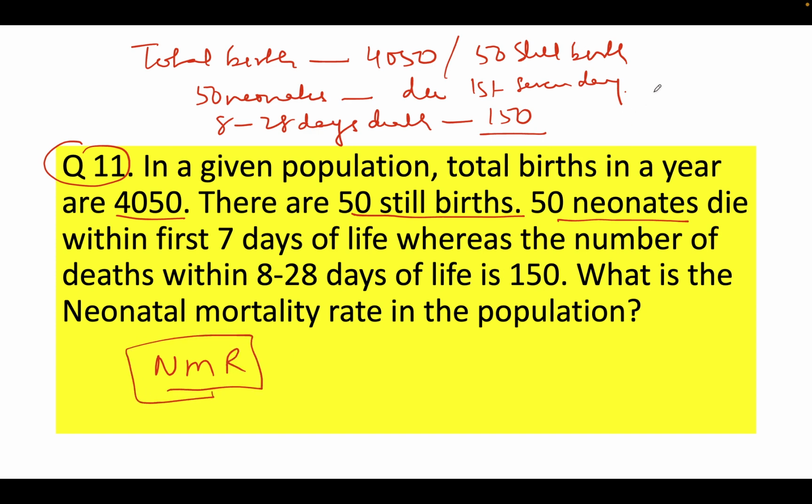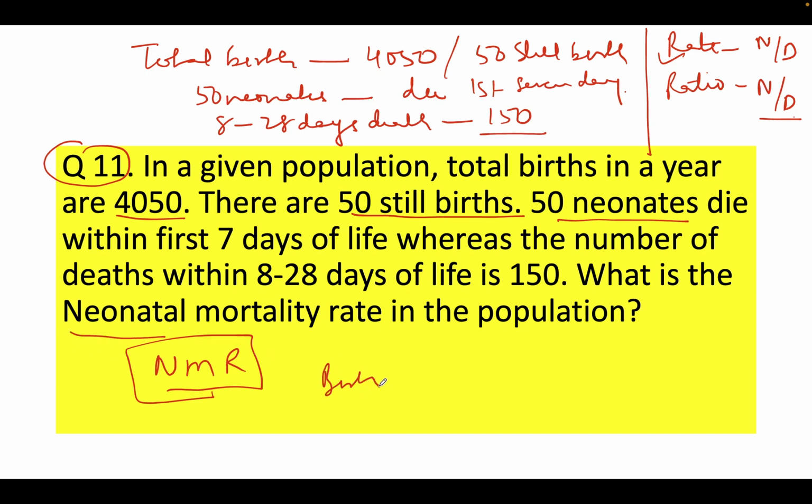Before calculating this, just to remind you, rate and ratio. The simple difference is that in a rate the numerator is a part of the denominator; in a ratio the numerator is not a part of the denominator, right? Now, what is a neonate?